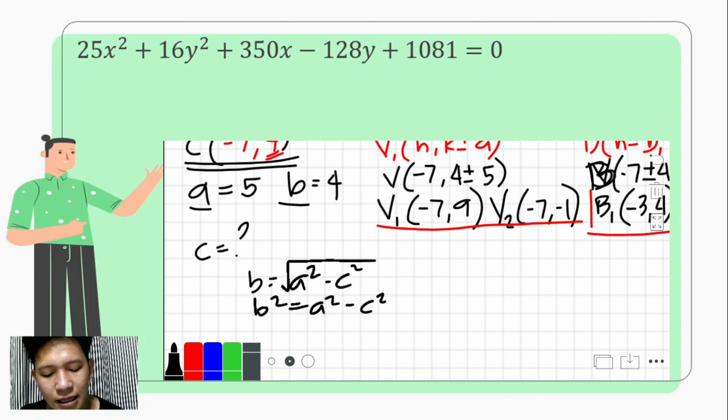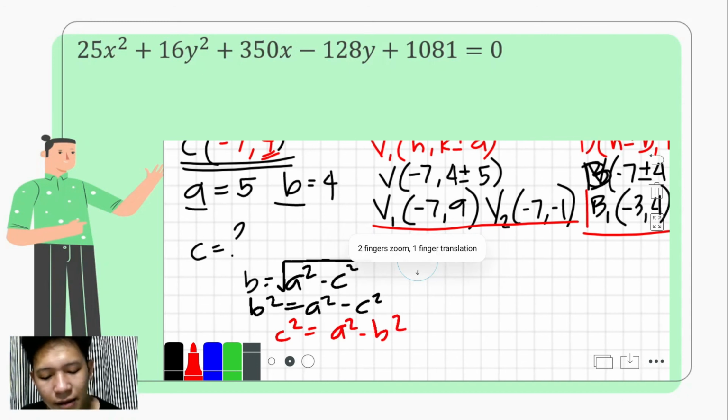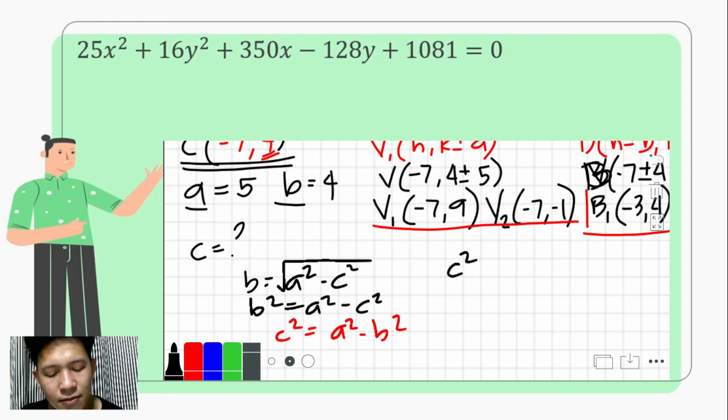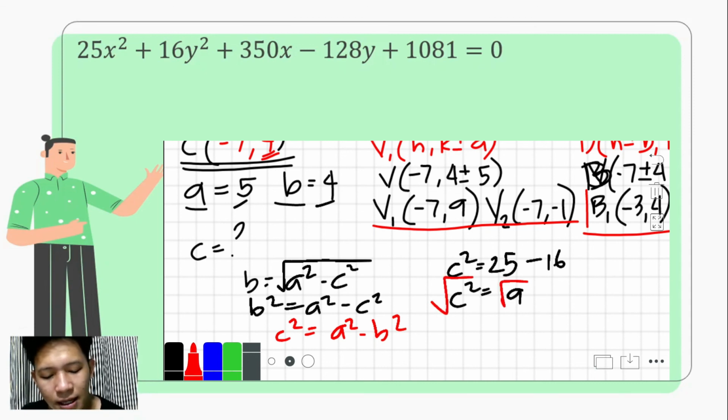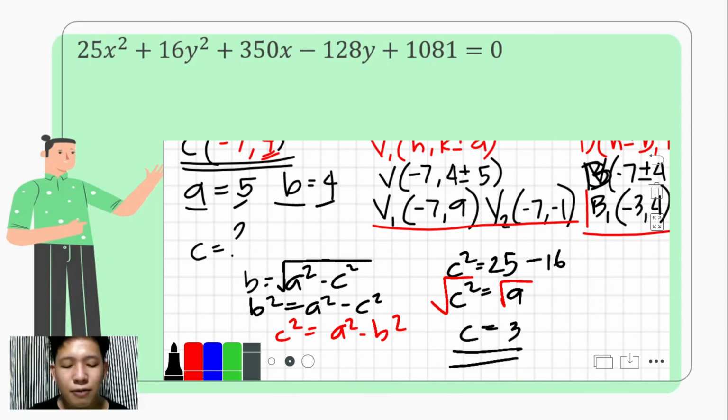Wherein for us to get the value of c, we have c squared equals a squared minus b squared. And by plugging in the values to our formula, c squared would be equivalent to the square of 5, that's 25, minus the square of 4, that is 16. So c squared is equal to 9. And extracting the roots of both sides, c is equal to 3. So the value of c would be 3.